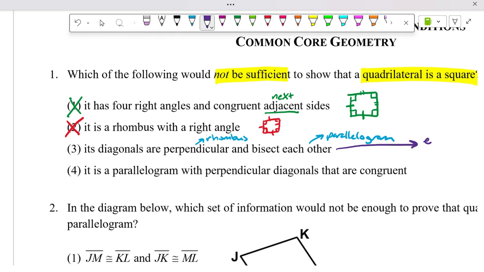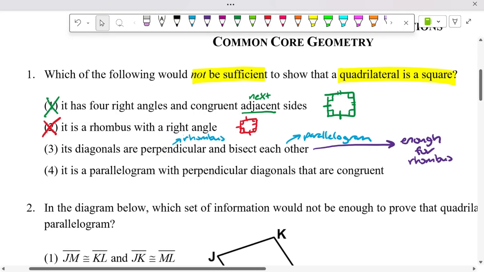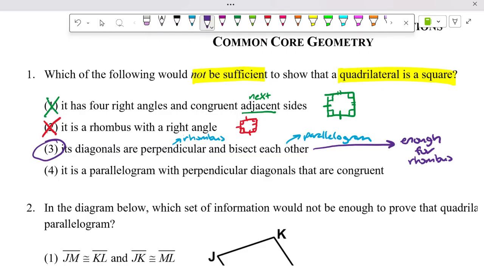It's enough for a rhombus. But remember, not every square is a rhombus. No, that's a lie. Not every rhombus is a square. All right, every square is a rhombus, but not every rhombus is a square. So unless we get a 90-degree angle in there, or we figured out that the diagonals were congruent, we don't have enough information to say it's a square.